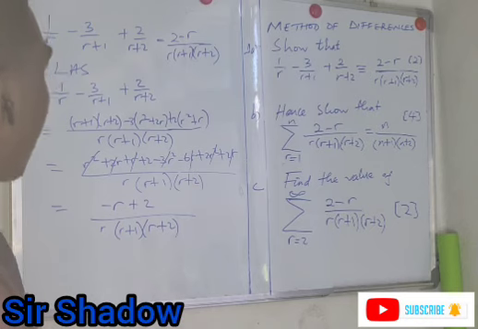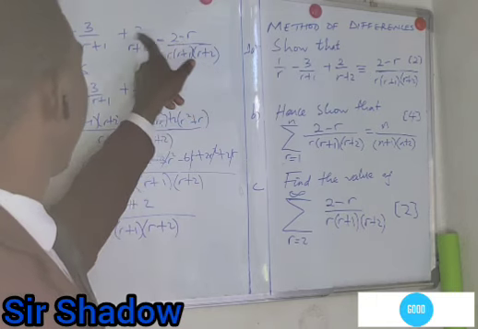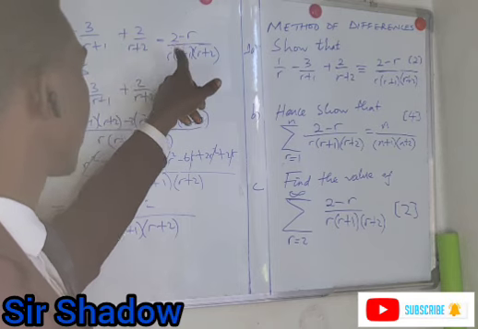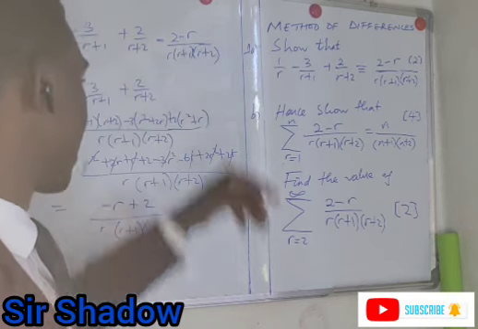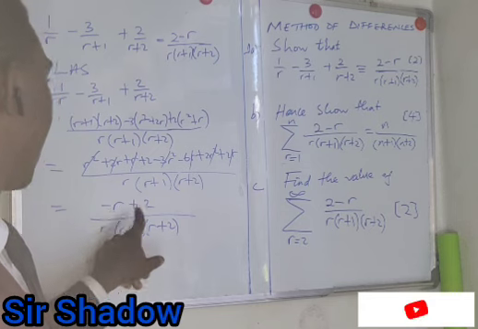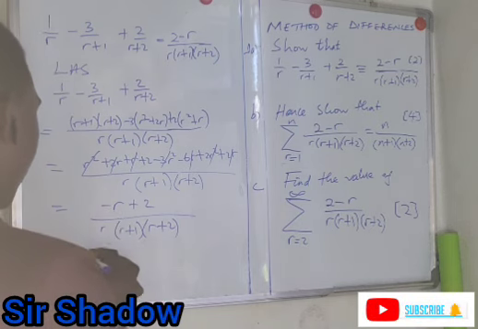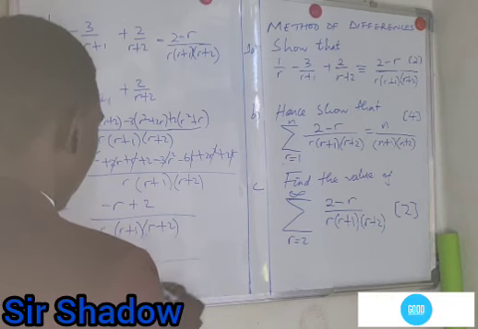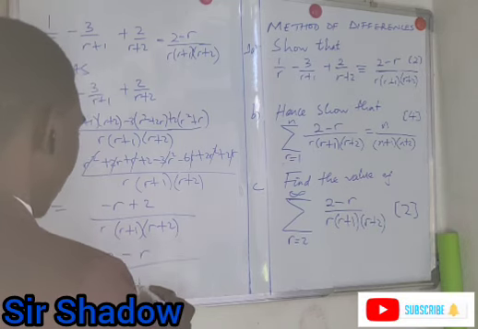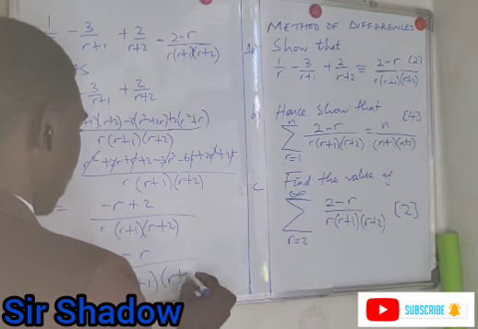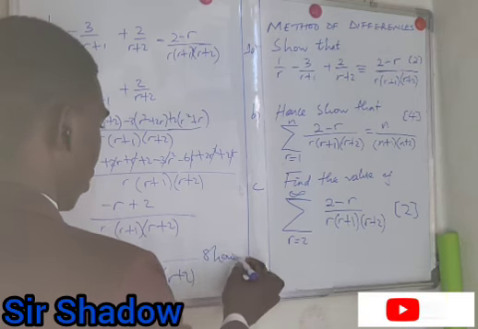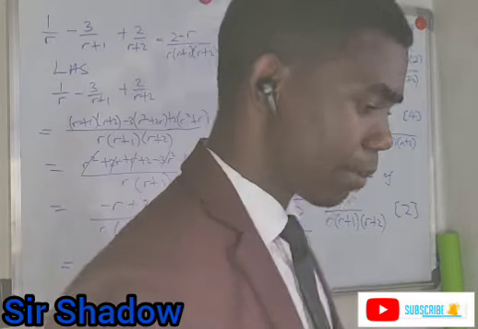Alright, but we are asked to show that 1 over r minus 3 over r plus 1 plus 2 over r plus 2 is equal to 2 minus r, but now we have minus r plus 2, so we have to start with the positive value, which is 2 minus r all over r open bracket r plus 1 close bracket, r plus 2. Then since we are asked to show, you have to write shown.